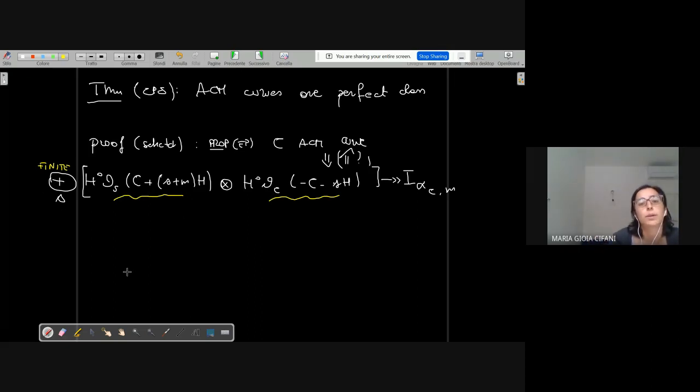So we have a finite number, and if we fix one of these elements of the finite sum, and we take an element in this linear system, something made like this, then we have that these things here can become something like the ideal of the element.